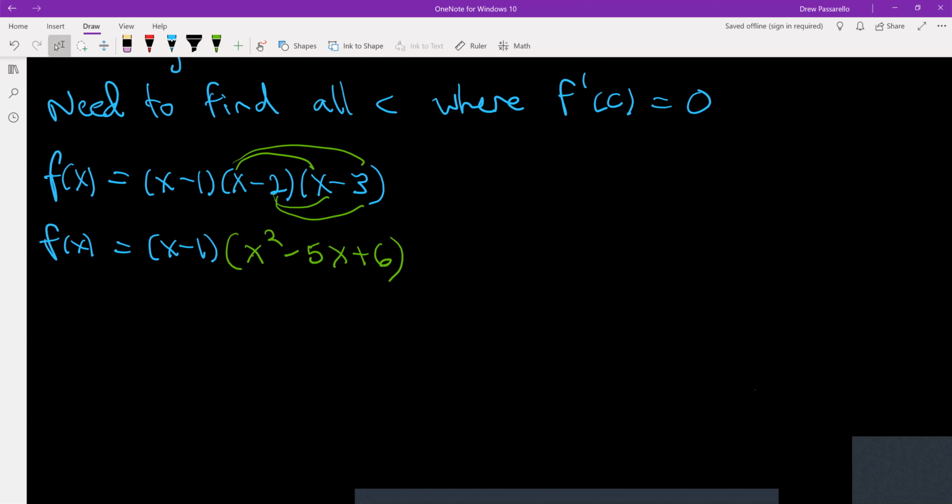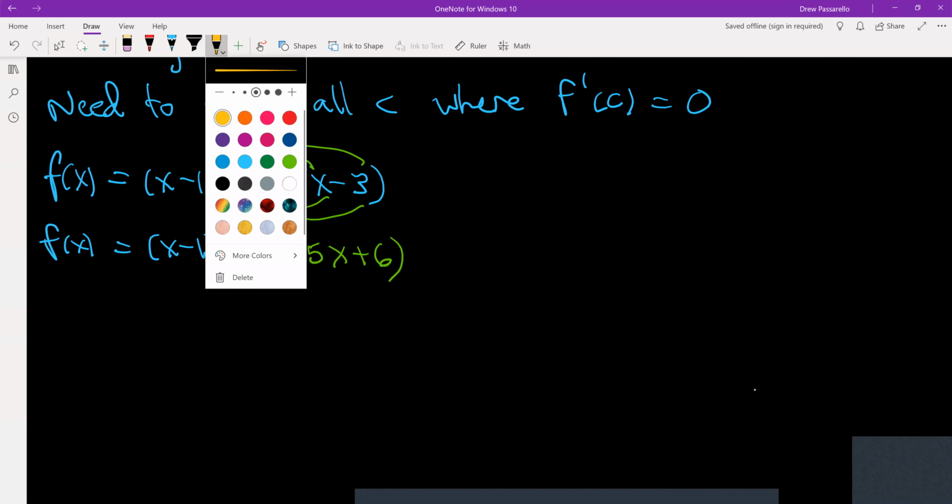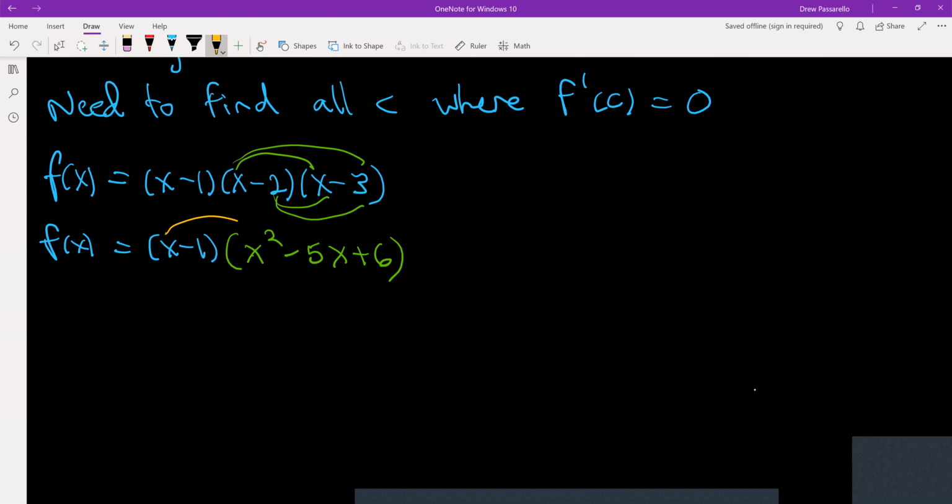Now I have to multiply x minus 1 by that whole thing in green. So I distribute x. That attaches an x to each term, so x squared becomes x cubed, minus 5x becomes minus 5x squared, and then x times 6 is 6x. And then now I multiply negative 1 through every term.